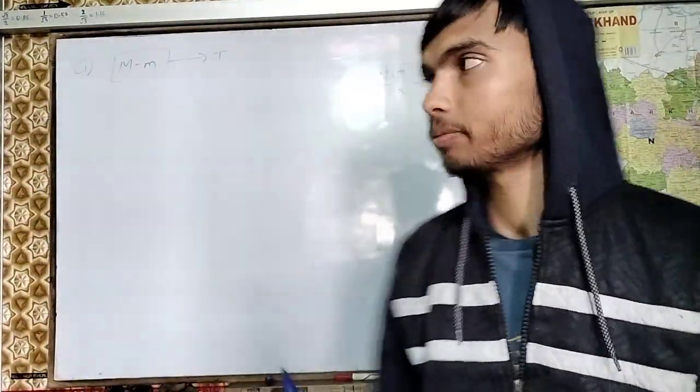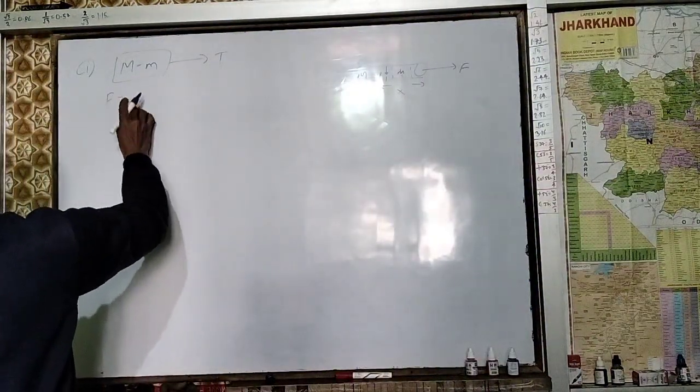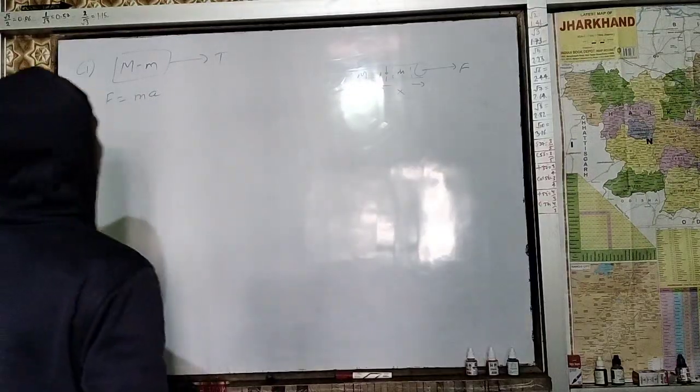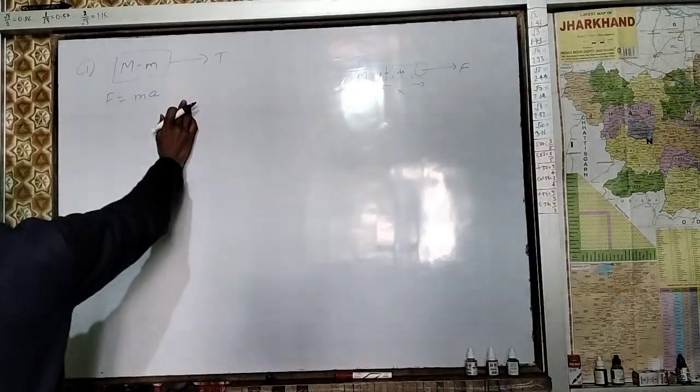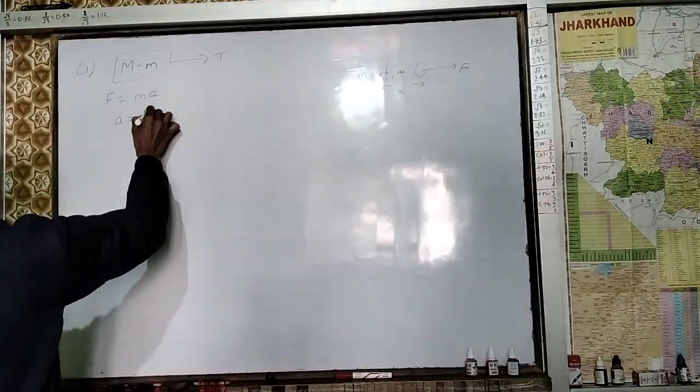Clear? Now you know that F is equal to mass times acceleration, where mass is M, so a will be F upon M.